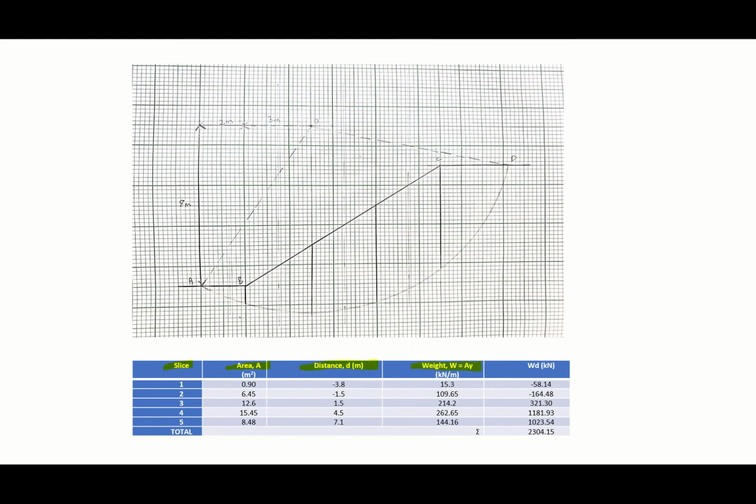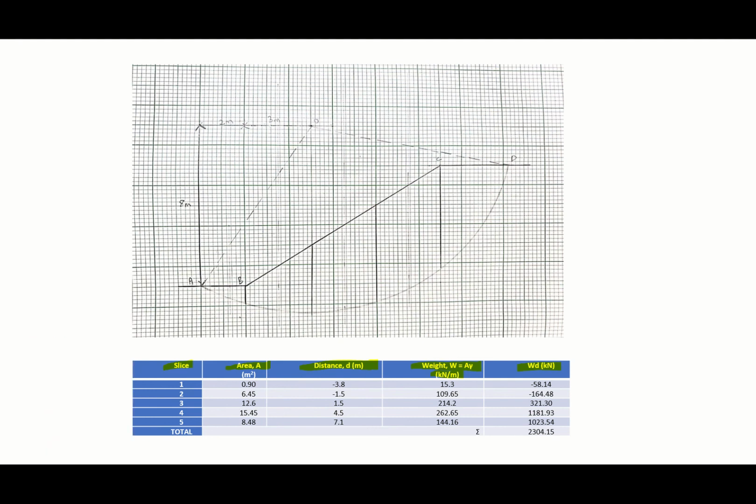Weight is A multiplied by the unit weight of soil, and then you can get your W. And then next you need the information of WD, which is column number 4, multiplied by the distance for each slice.